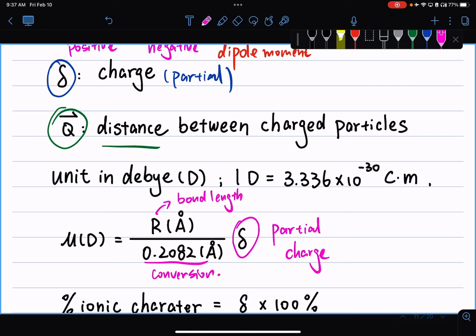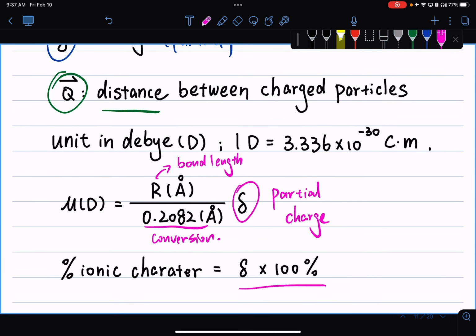The ionic character of a chemical bond is defined by that partial charge times 100%. So lots of equations, but when we're using it, it's relatively straightforward. The concept of dipole moment is a pretty easy concept, if you may.